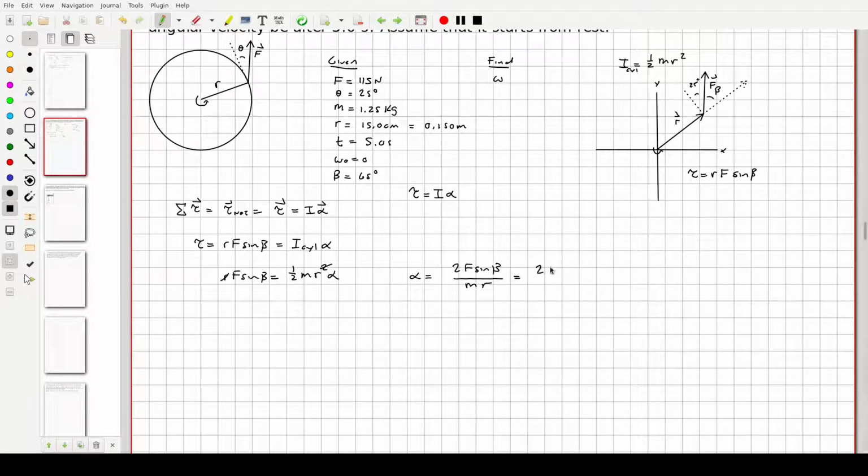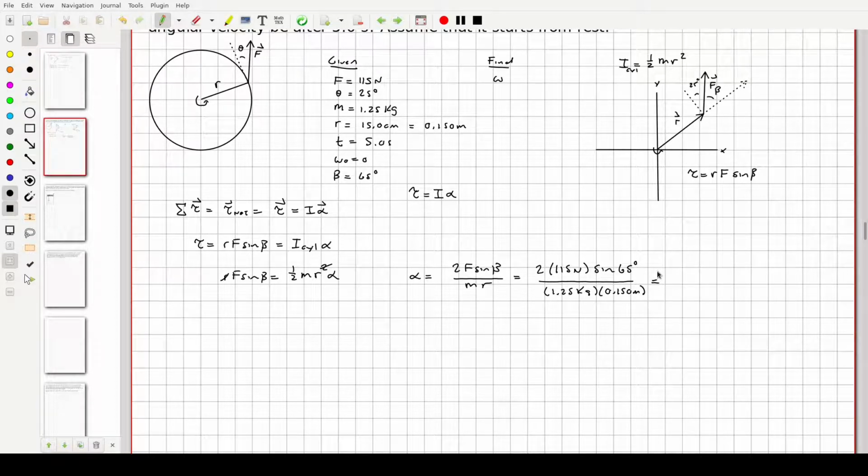So that's 2 times 115 newtons times sine of 65 degrees divided by 1.25 kilograms times 0.150 meters.